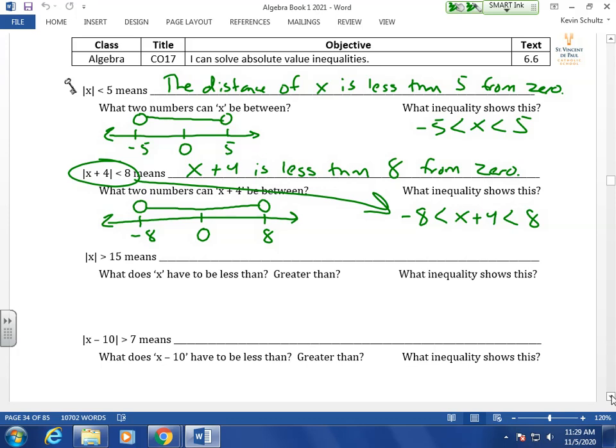We had to write this as a compound inequality so we could graph it. You already know how to solve this once we get to this point. This is getting from here to there, right? So your actual homework, you will have to solve it. But right now, we're focusing on the new piece, which is interpreting what an absolute value inequality means, okay?